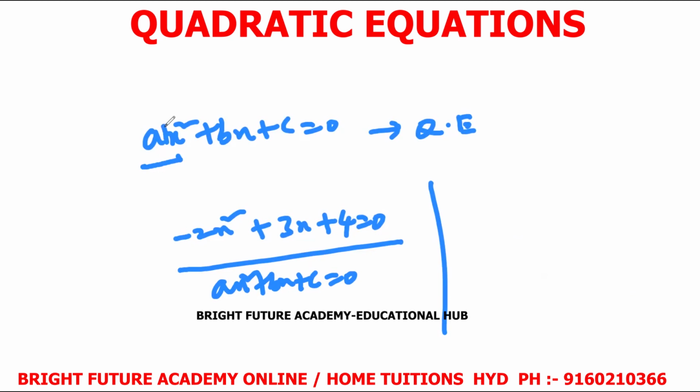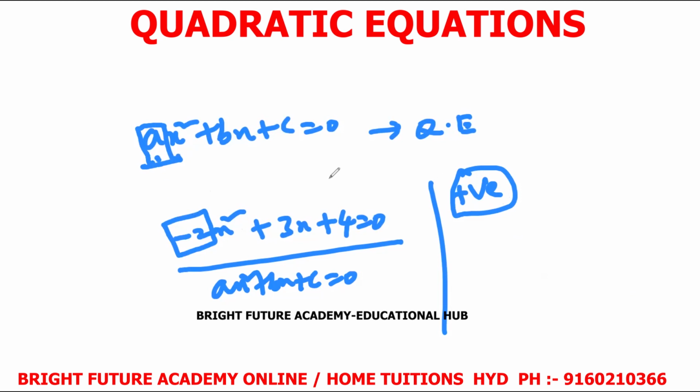Here, what is the coefficient of x square, ma? Minus 2. So usually we give preference to the coefficient of x square being positive.